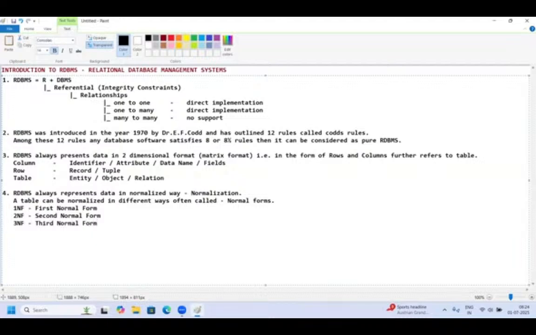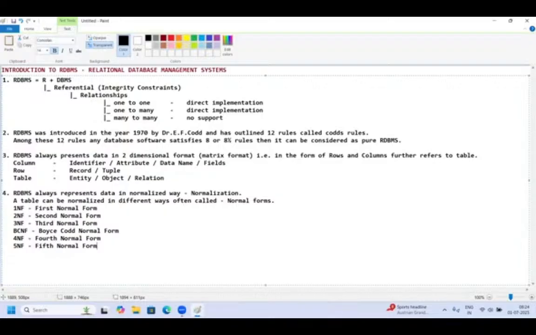And then BCNF, that is read as Boyce-Codd normal form. 4NF, fourth normal form. And then 5NF, fifth normal form. Yes, a total of six normal forms.